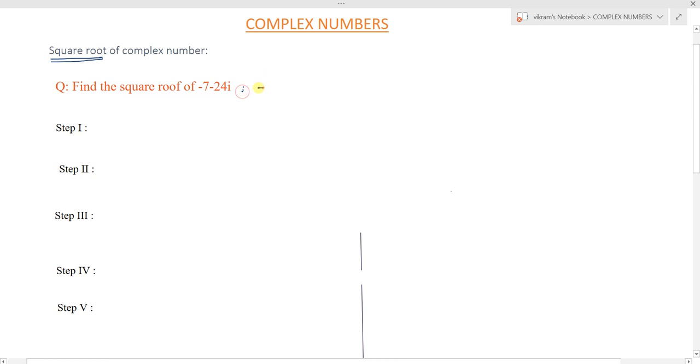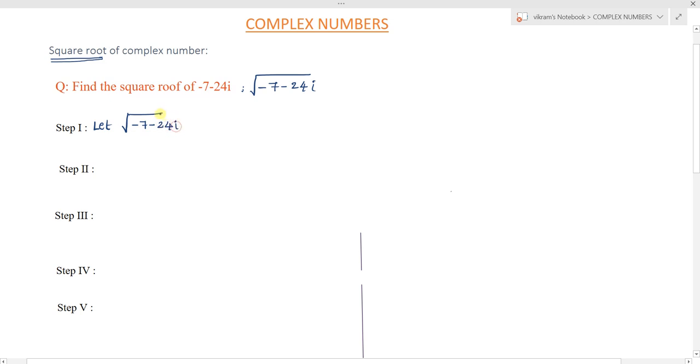That means he is asking for the square root of minus 7 minus 24 times iota. Then how to solve this? I will explain in a step-by-step process for better understanding. In the first step, consider the square root of minus 7 minus 24i.